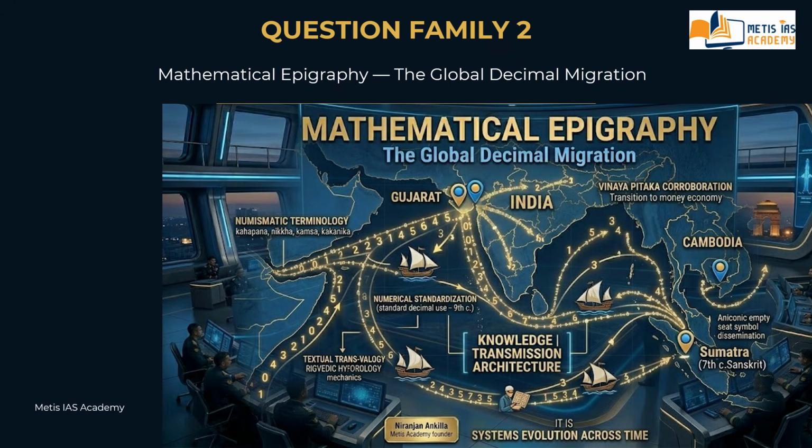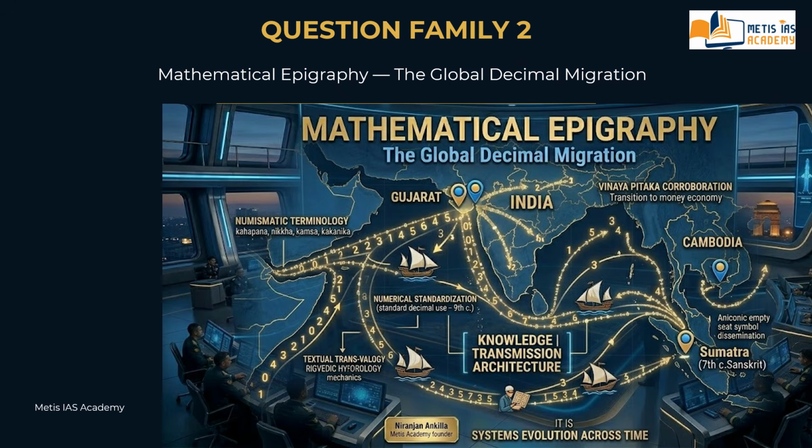Statement 1 says: the Mankani plates of Gujarat represent the earliest definitive epigraphic usage of the positional decimal place value system in India.